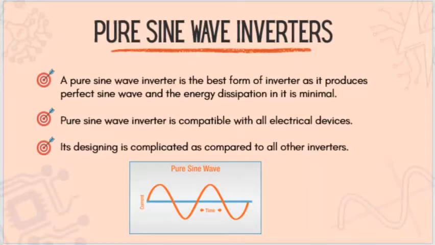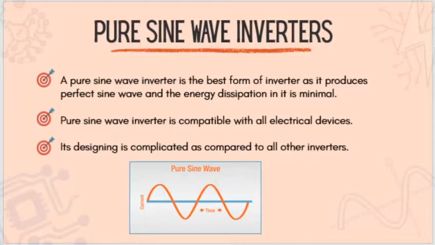Second is the pure sine wave inverter. A pure sine wave inverter is the best form of inverter as it produces a perfect sine wave and the energy dissipation in it is minimal. A pure sine wave inverter is compatible with all electrical devices except for sensitive or specialized equipment such as laser printers, audio equipment, and many more.